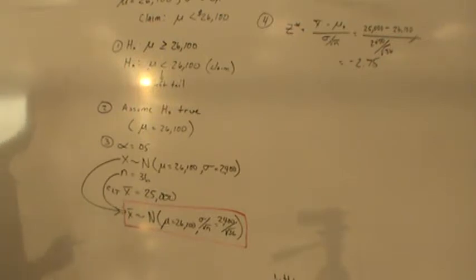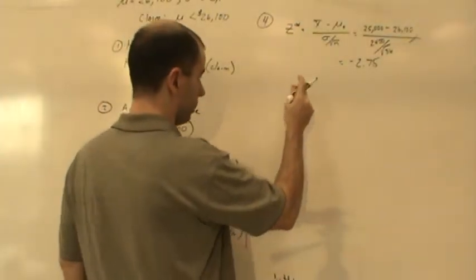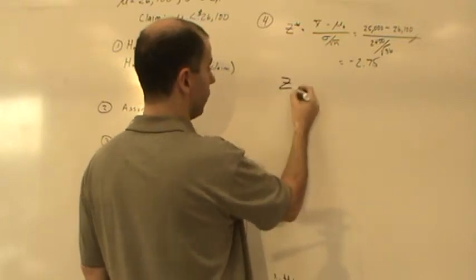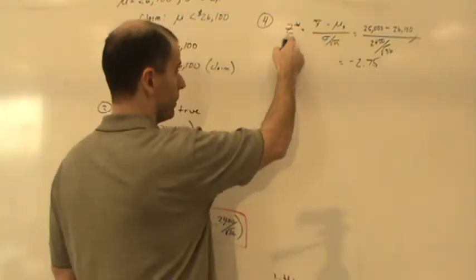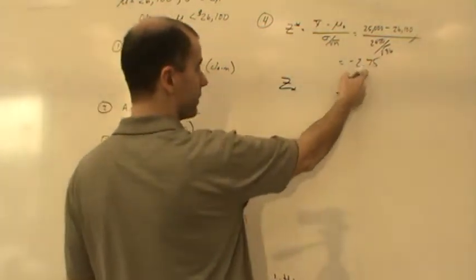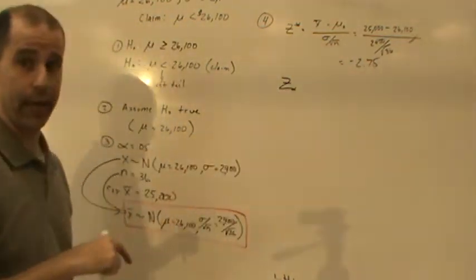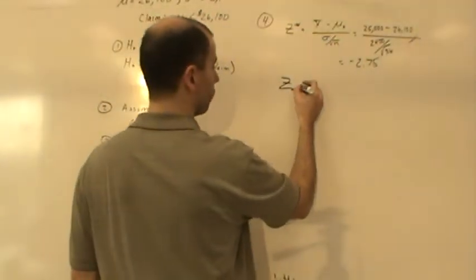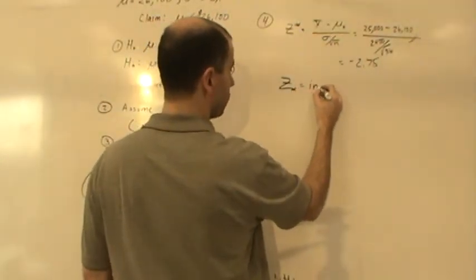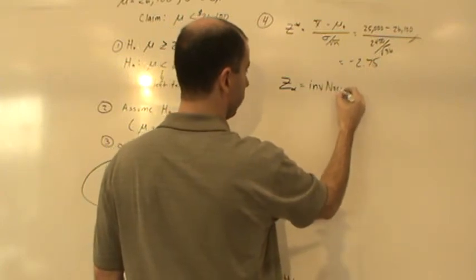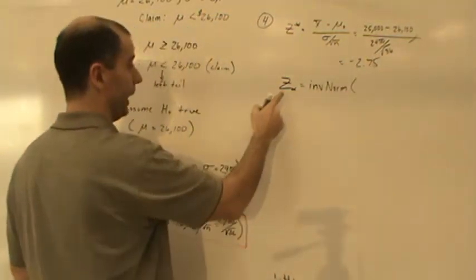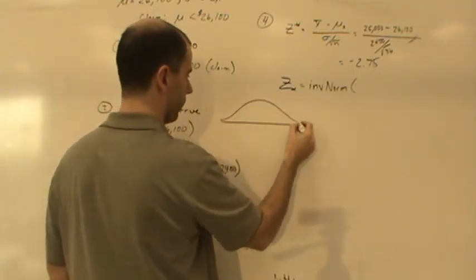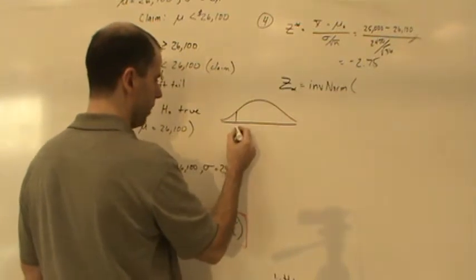And so now, if we want to do the traditional method, then we would have to compare our test statistic, negative 2.75, to our critical value. And remember, it's a left-tailed test now. So in this case, we're going to use inverse norm. We have to find the area to the left. If you draw your little diagram, we're over in the left tail.